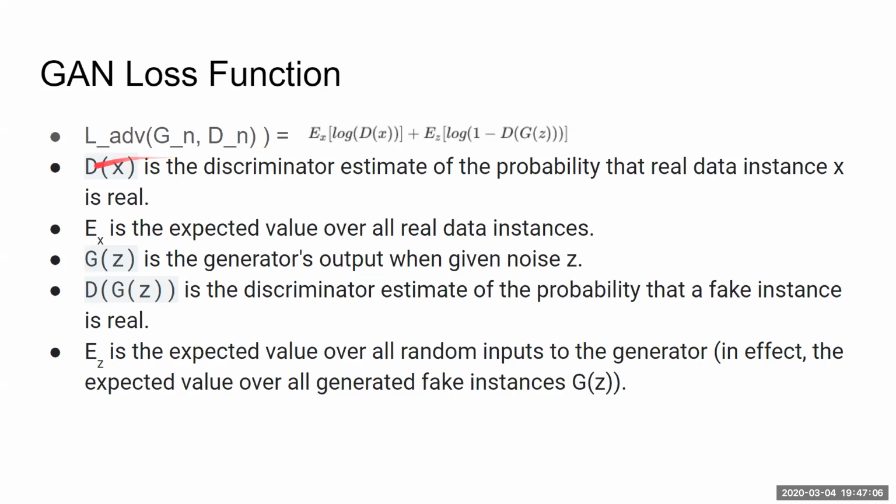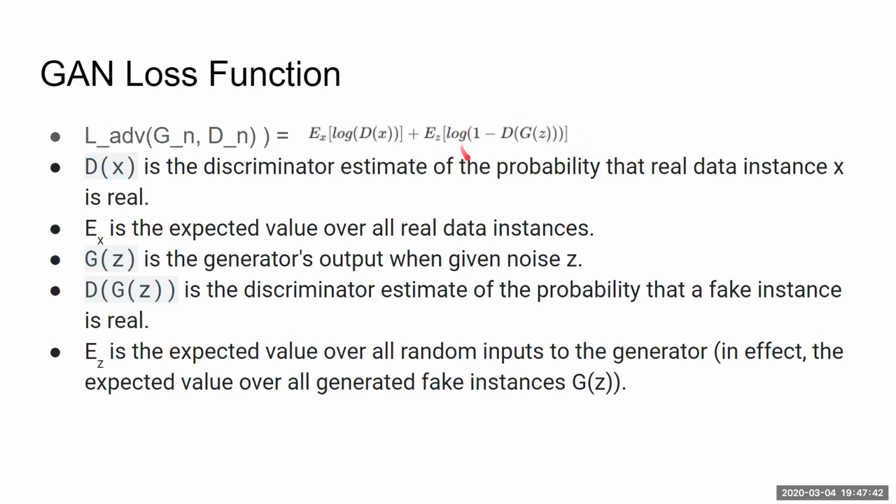So here we can see D(x) is the estimated probability that the image is real, and E_x is the expected value over real data. G(z) is the generator's output when given noise z, and D(G(z)) is the discriminator's estimate of the probability that it is fake. So a generator has control over only this quantity.